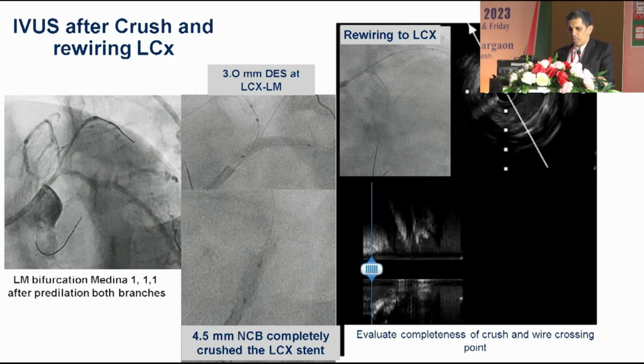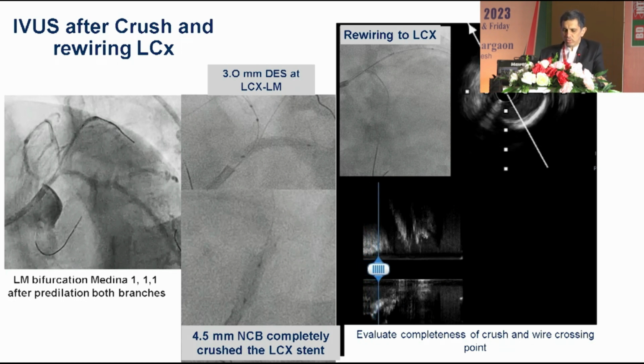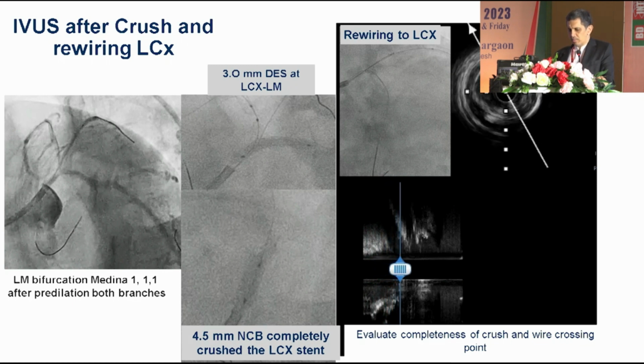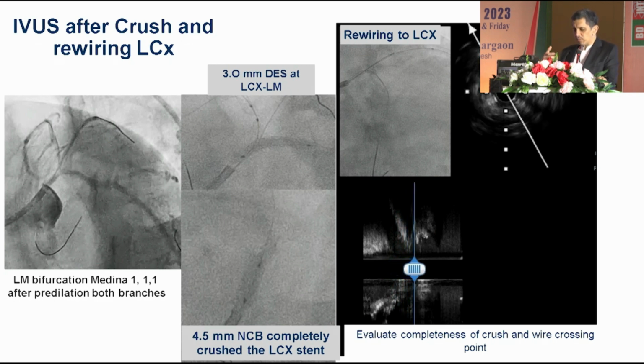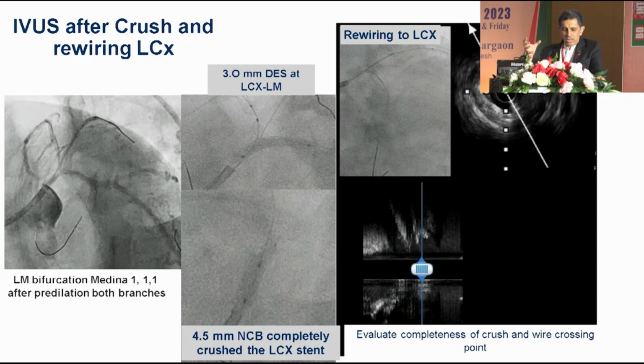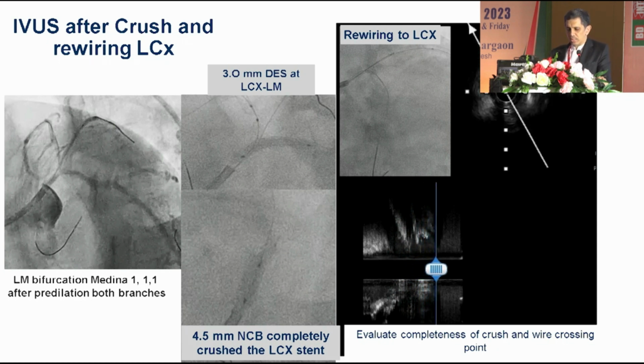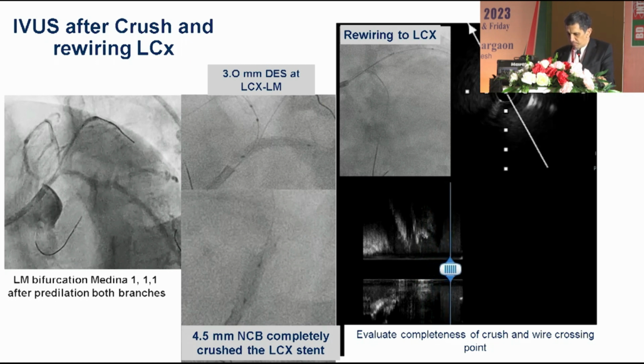So we performed IVUS to identify that, because if it happened, fortunately in the previous case, the vessel or the ostial part is very big, so there was no ISR that made a clinical problem.